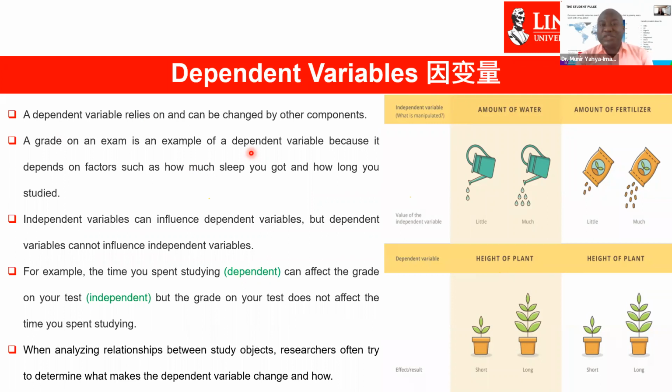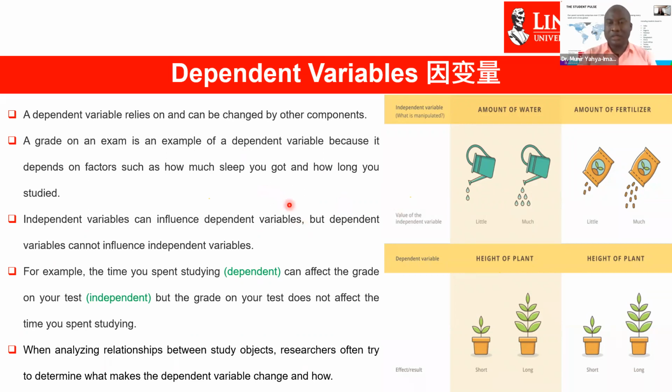For example, the time you spend studying (independent) can affect the grade of your test (dependent), but the grade of your test does not affect the time you spend studying. While analyzing the relationship between study objects, researchers often try to determine what makes the dependent variable change and how. That's what a dependent variable is all about.